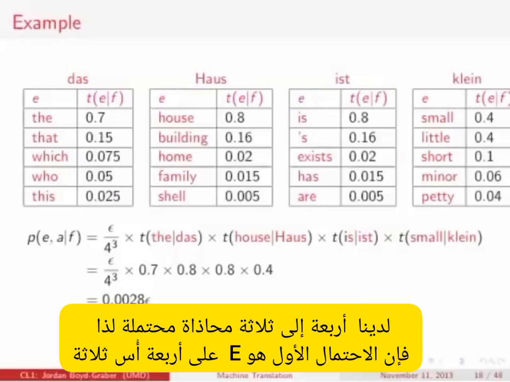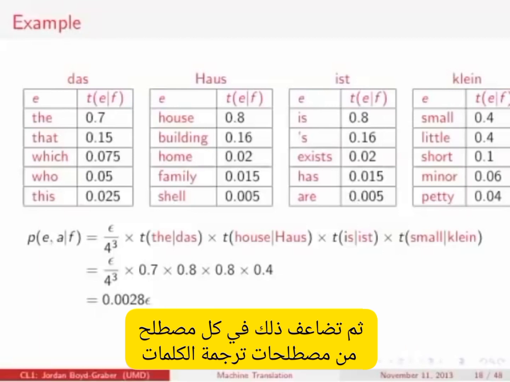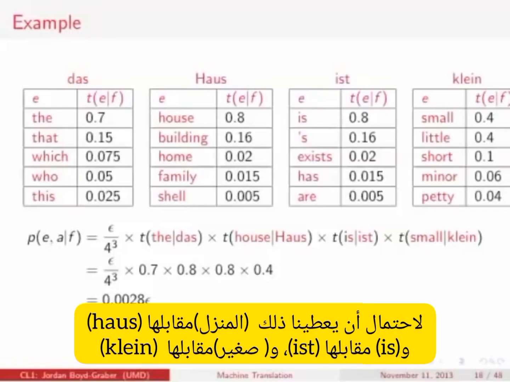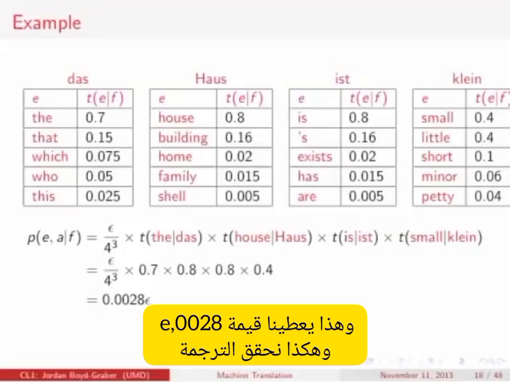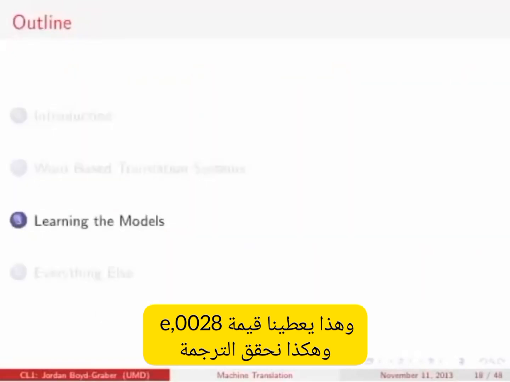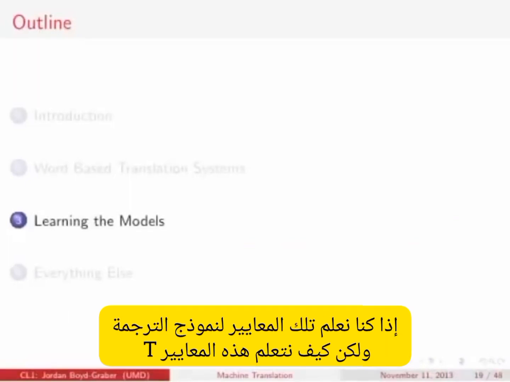So the first term is epsilon over 4 to the 3, and then you multiply that by each of the word translation terms: the probability of the given das, the probability of house given Haus, the probability of is given ist, and the probability of small given klein. That gives you some value, 0.0028 times epsilon.